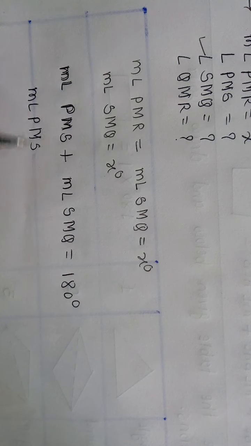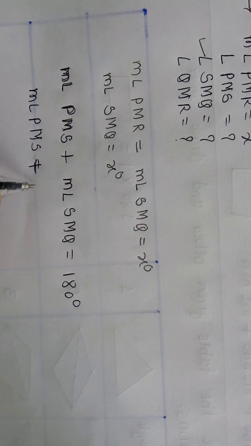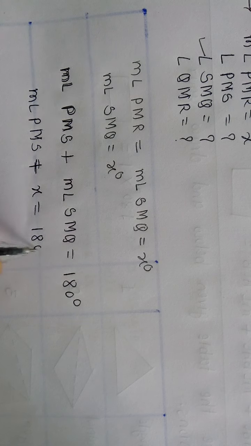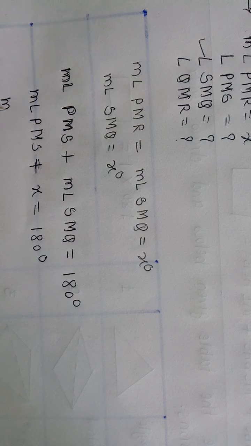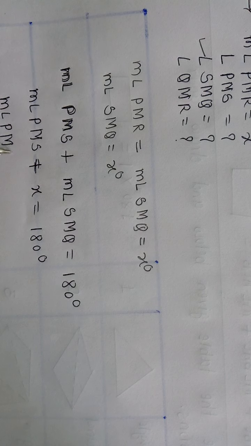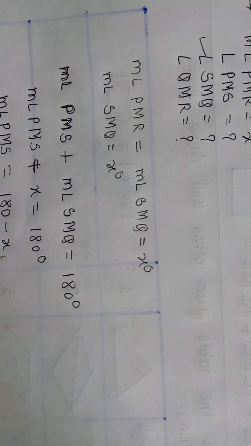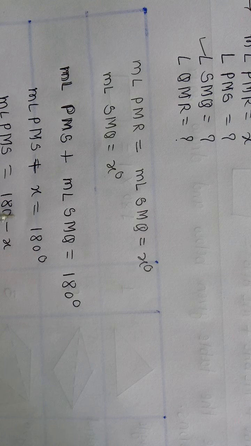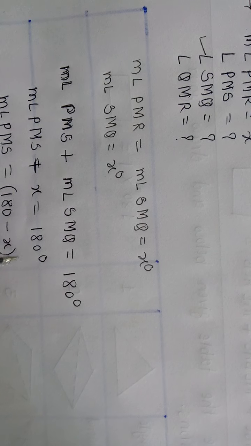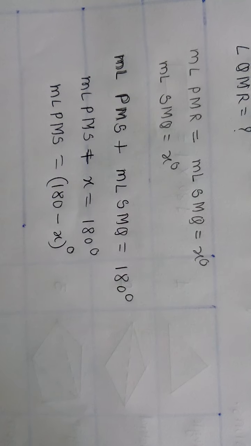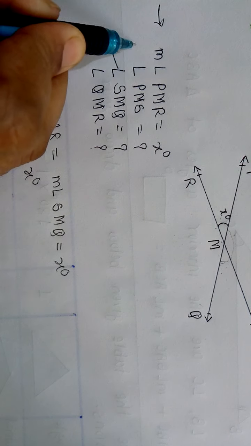So measure of angle PMS plus x is equal to 180 degrees. So measure of angle PMS is equal to 180 minus x degrees. Here you can give degree, otherwise you can give degree to the bracket also. Now we got this PMS also.